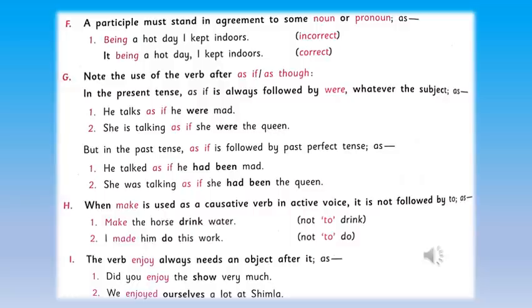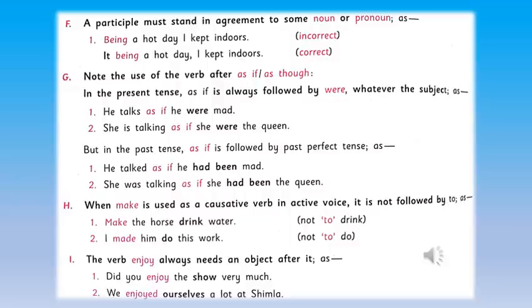Next one: note the use of the verb after as if or as though. In the present tense, as if is always followed by were, whatever the subject. See the example, then you will understand. He talks as if he were mad.